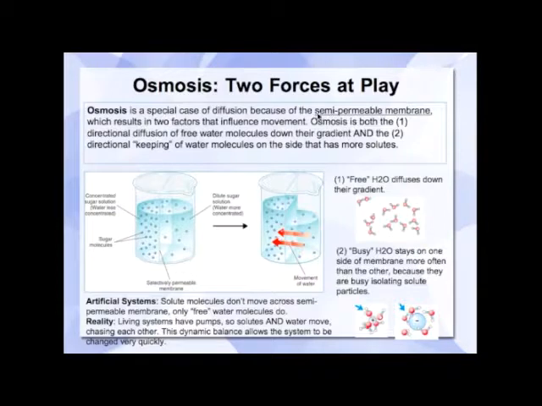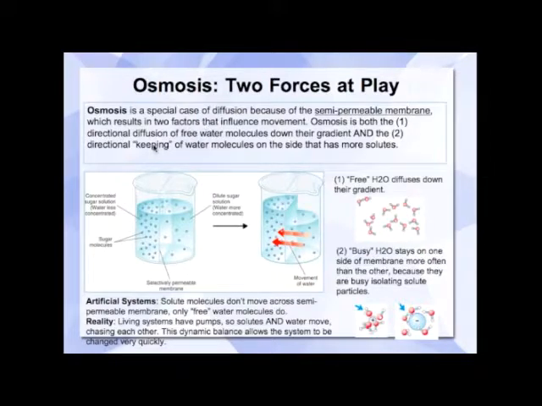Osmosis is the movement of water. Osmosis is both the directional diffusion of free water molecules from a place of high concentration to low concentration, that is down the gradient. Osmosis at the same time is also the directional keeping of water molecules on the side that has more solutes, or molecules dissolved inside water.